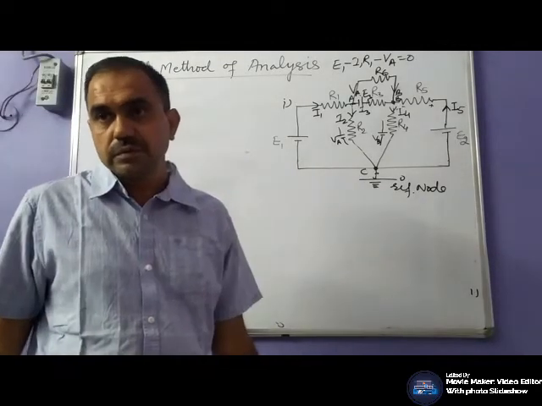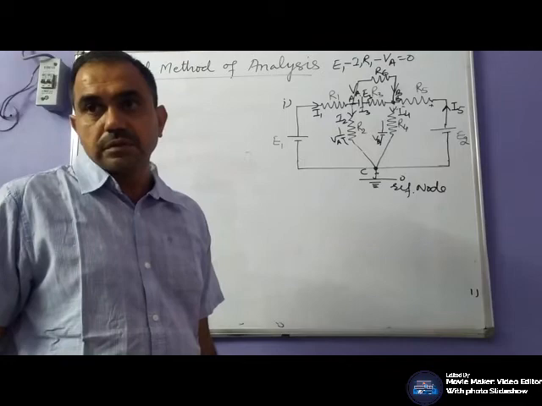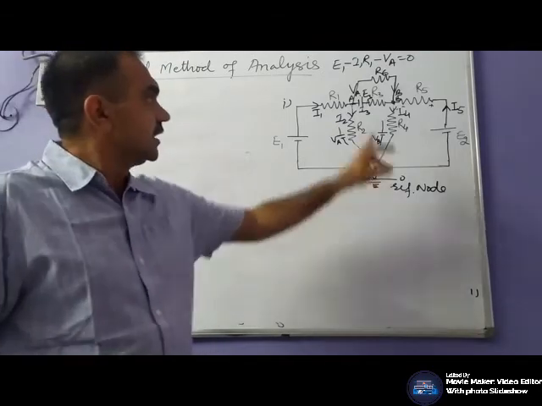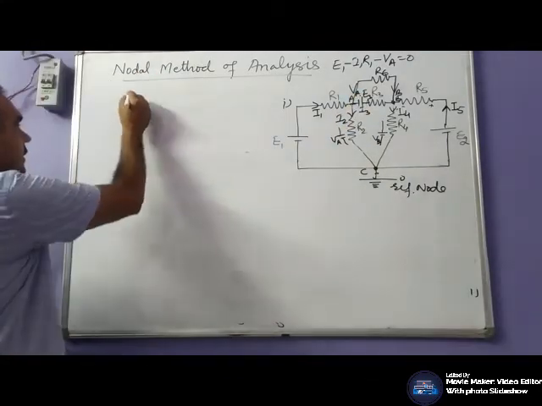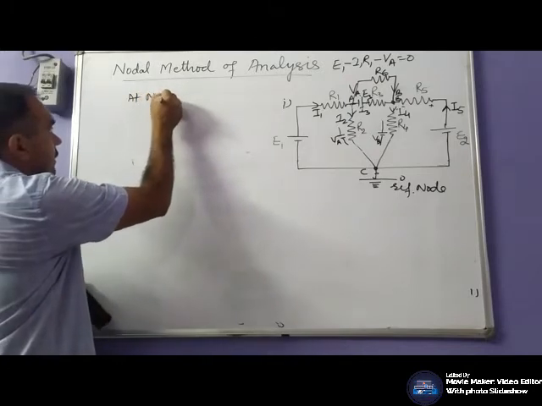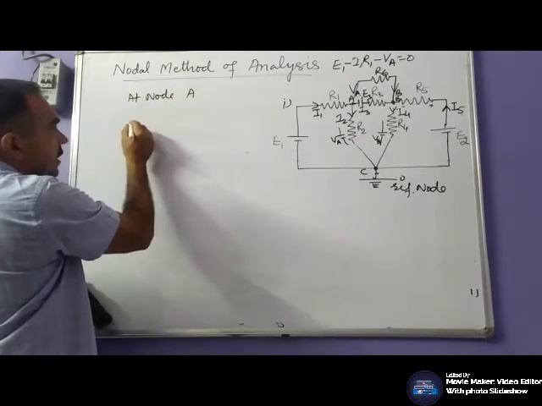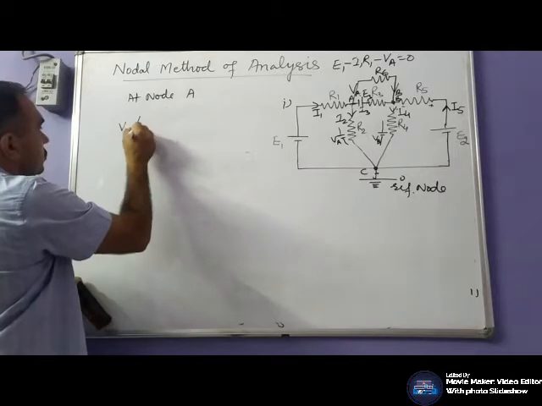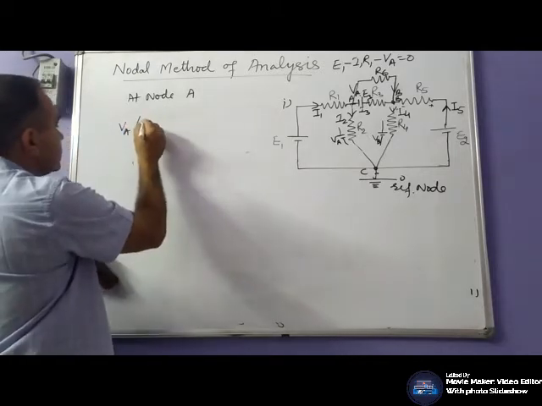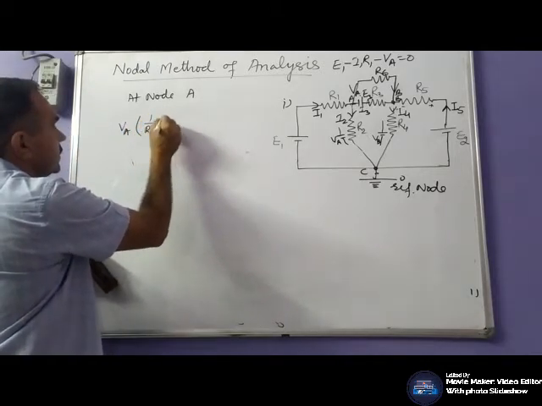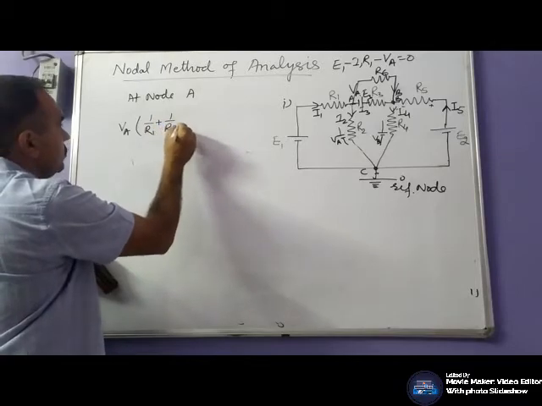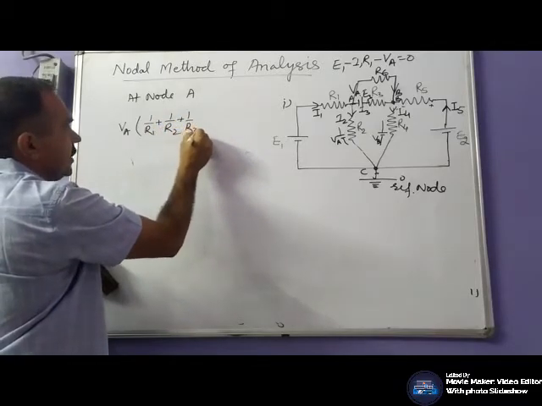Now, what would be the equations? At node A, the equation would be VA into 1 by R1 plus 1 by R2 plus 1 by R3.